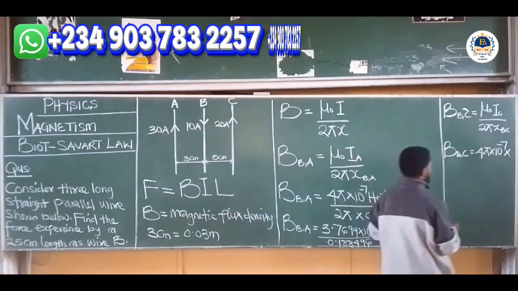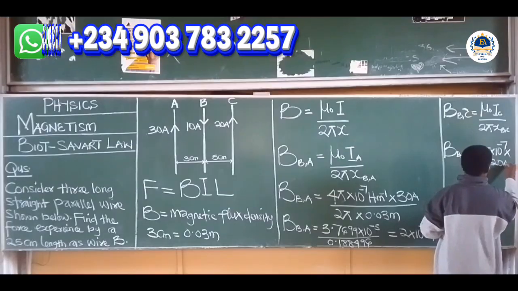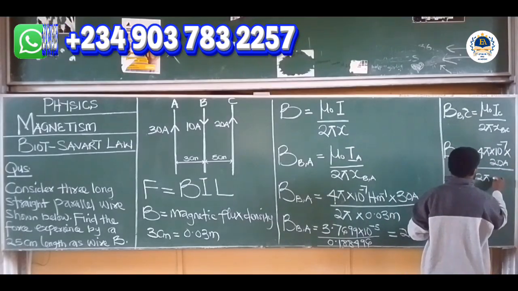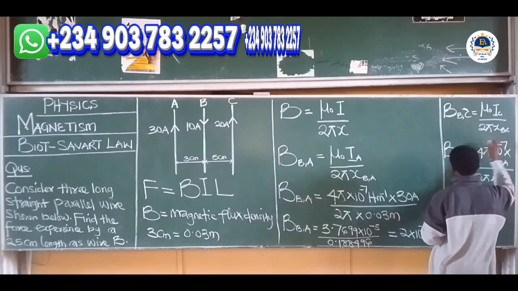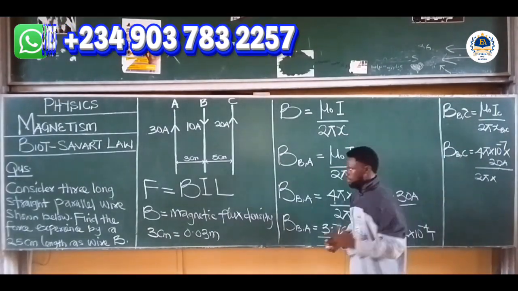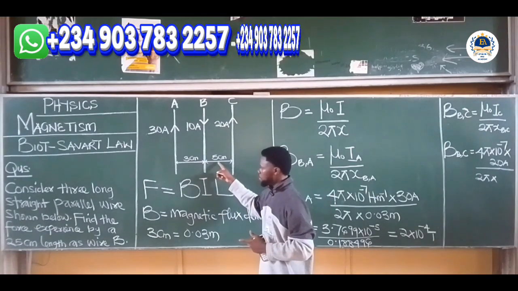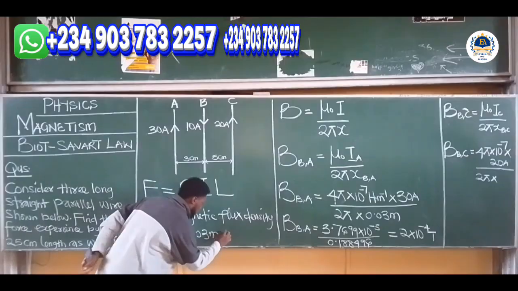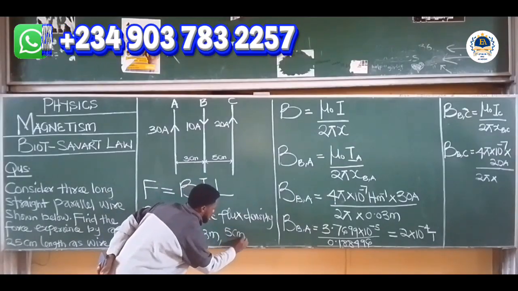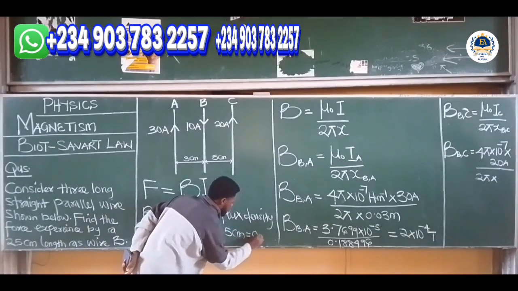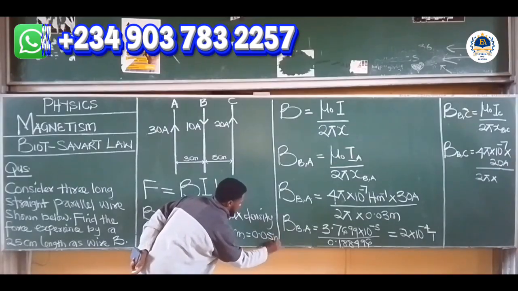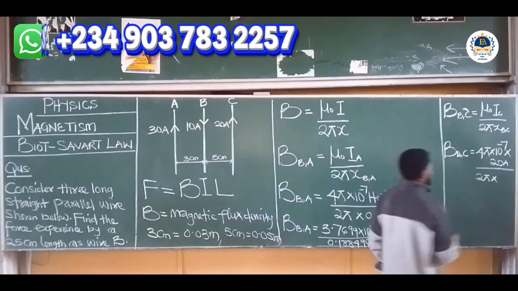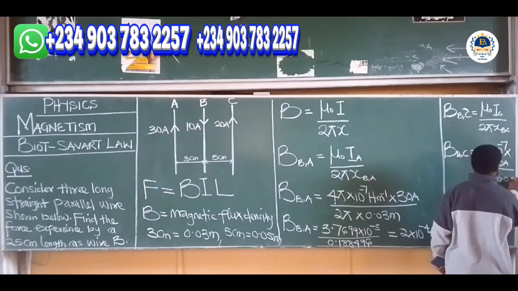So we obtain 20 ampere divided by 2 pi times the distance between B and C on the diagram, which is 5 centimeters. So converting, 5 cm is the same thing as 0.05 meter, divided by 100. So we have times 0.05.